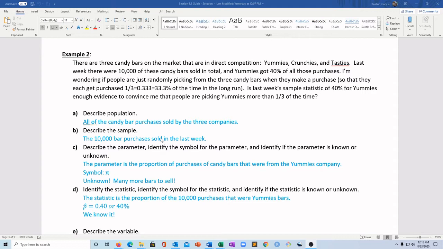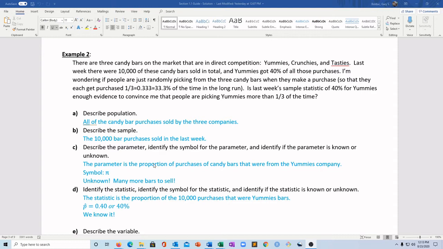Okay, so I'm looking at all these candy bar purchases. What's the parameter? What's the way I measure something about those in order to answer my question? Well, the parameter in this case is the proportion of purchases of those candy bars, all candy bar purchases, that were for the Yummies company.